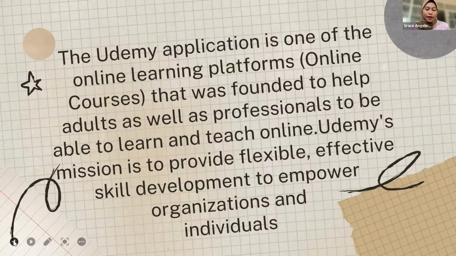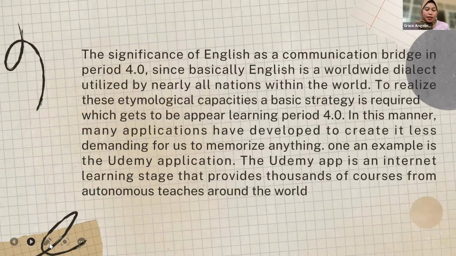The significance of English as a communication bridge in period 4.0, since basically English is a worldwide language utilized by nearly all nations in the world. To realize these linguistic capacities, a basic strategy is required, which becomes a learning period for 4.0.